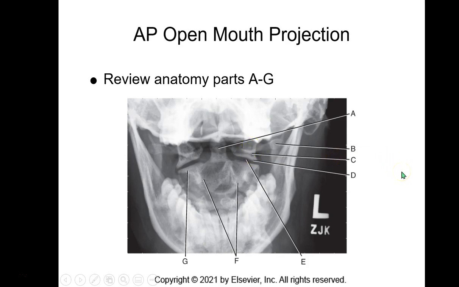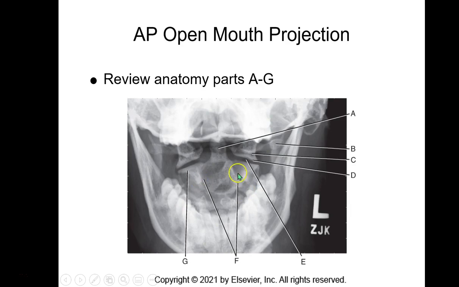D is the inferior articular surface of C1. Remember, the articular surfaces meet to make the zygapophyseal joints. So D is the inferior articular surface of C1 joining the superior articular surface of C2, and that forms the zygapophyseal joint. Okay, E then would be the left zygapophyseal joint.